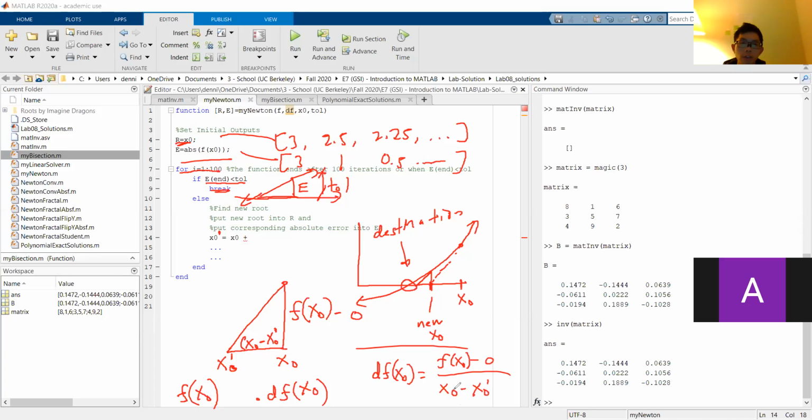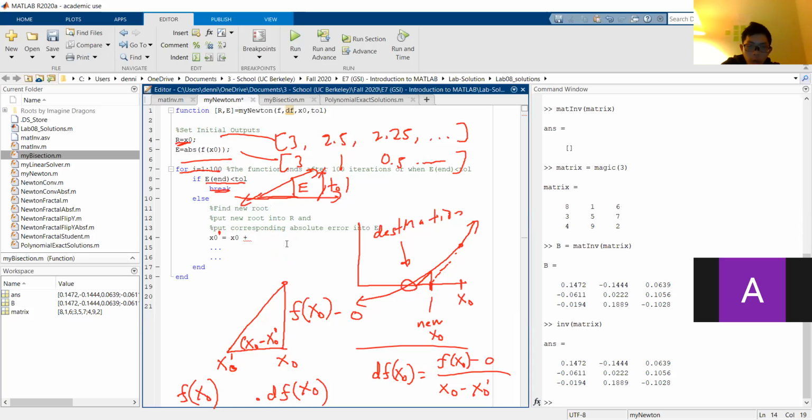Rearranging, x naught prime equals x naught plus f of x naught over df of x naught. Do the units work out? Yeah. Rise over run equals run. Someone can check my work on that, but I'm pretty sure that's right.